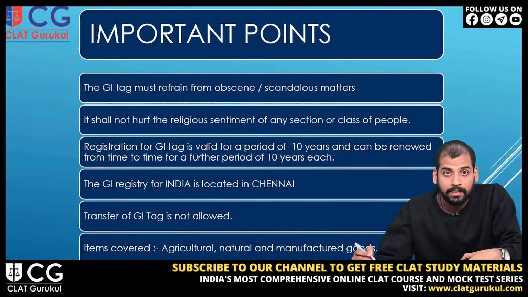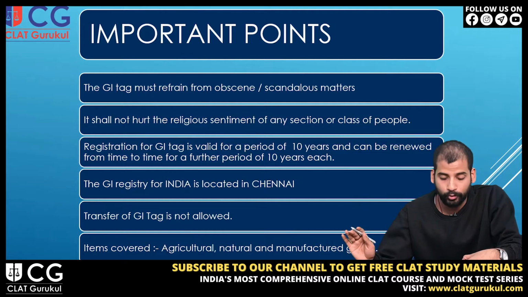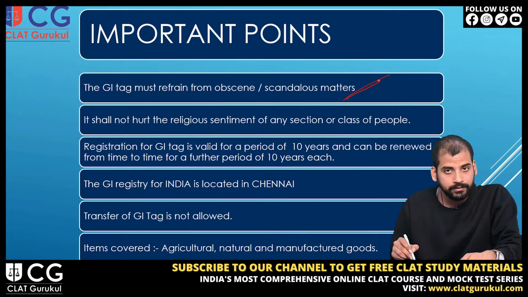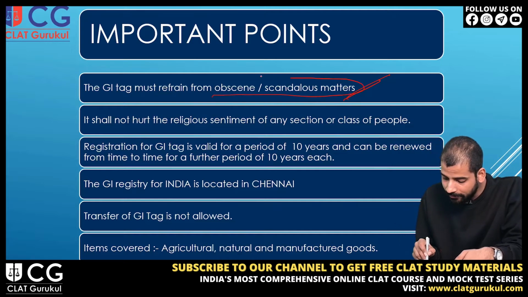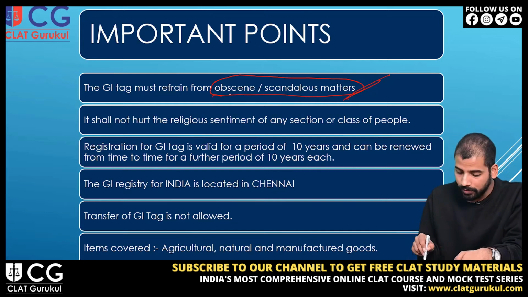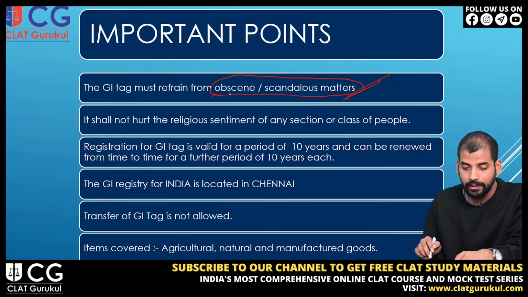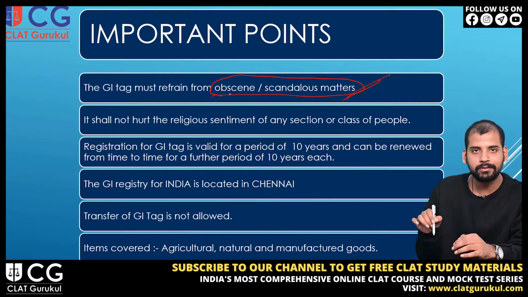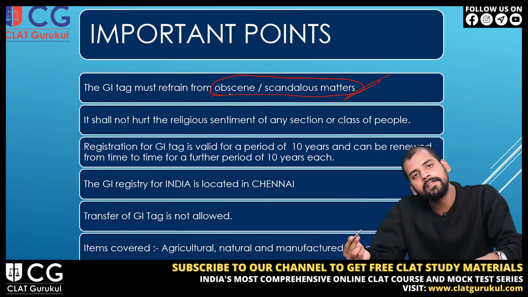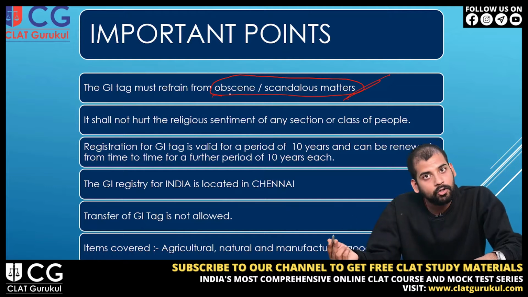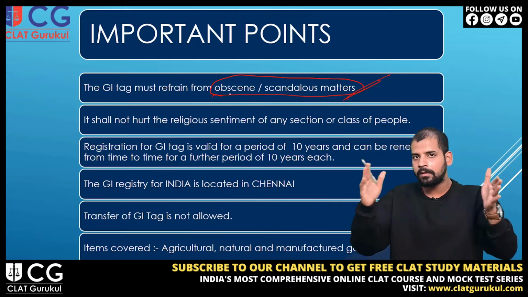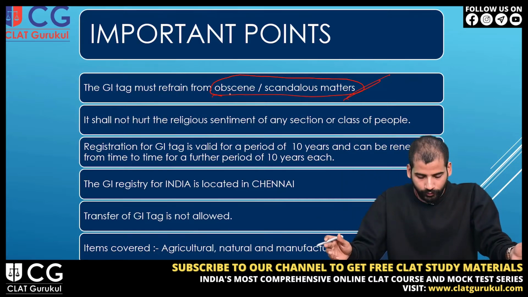The tag which you get for the product must refrain from obscene or scandalous matters, right? Obscene or scandalous matters. Next, the term I'm underlining is very relevant. You must focus on these things, because you'll get a principle in a legal question related to this, as it is a current aspect in the news.